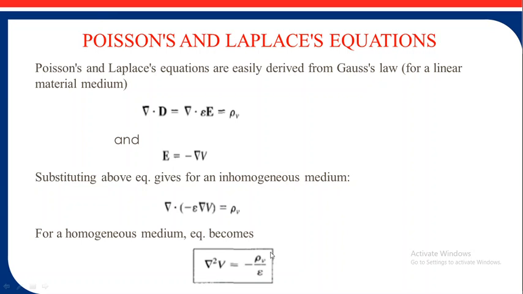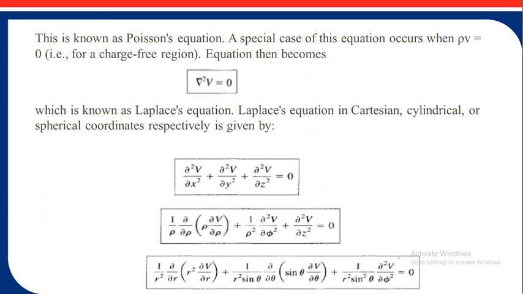So for a homogeneous medium, the equation becomes del squared V equals minus rho v upon epsilon. This is called Poisson's equation.